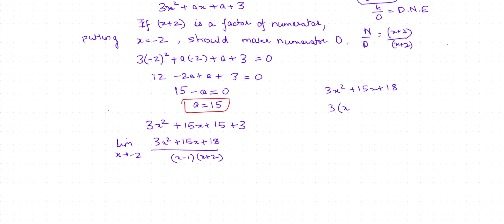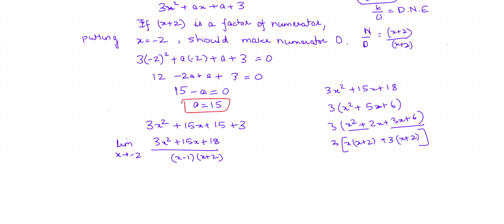So this gives us x square plus 5x plus 6, which is x square plus 2x plus 3x plus 6, and this gives us x plus 2 times x plus 3.